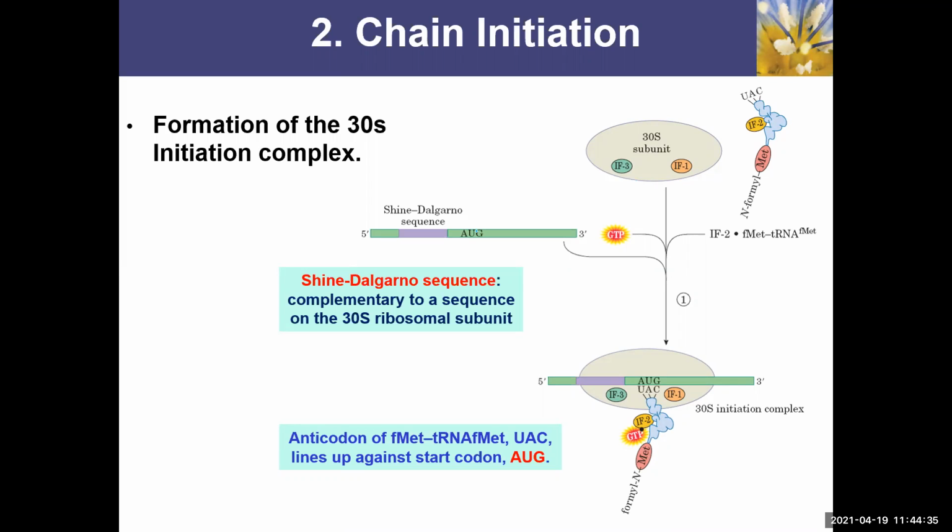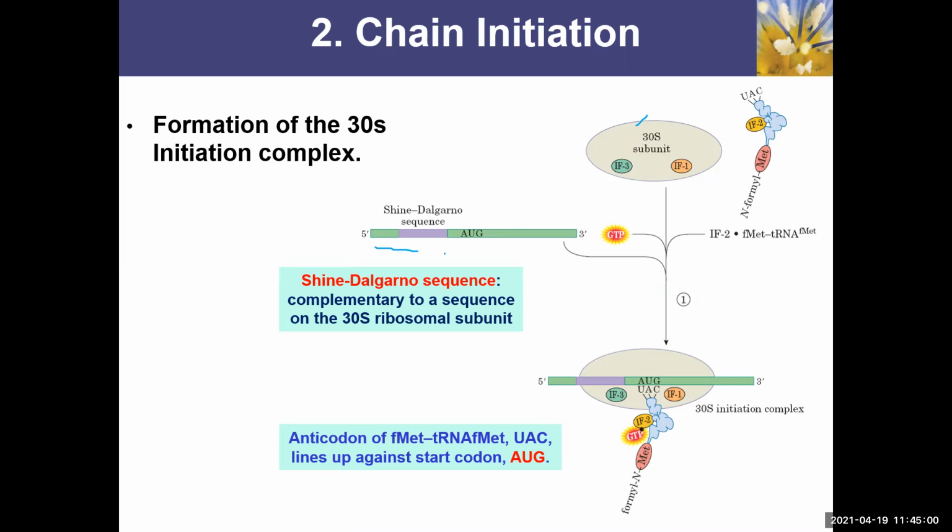So now what is the first step of the translation, after activation or charging of the tRNA? The first step is chain initiation, or initiation of the translation. So what happens in the initiation? As you can see here, the smaller subunit, the 30S subunit, binds to the mRNA.